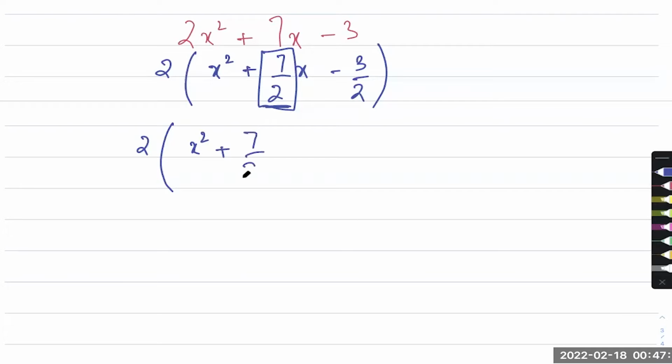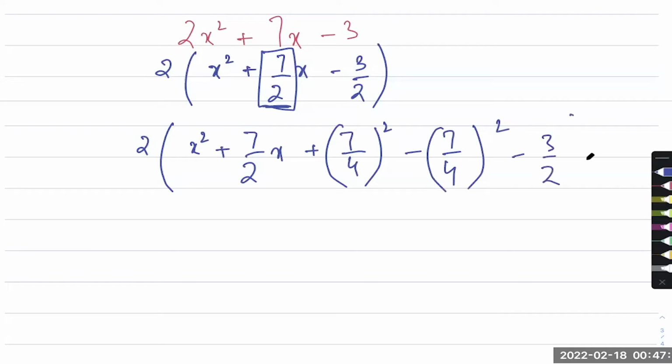Usually what we do is 7 over 2x plus half of 7 over 2, b over 2a squared, minus that squared, minus 3 by 2. But here's the shortcut you can use in SAT. Just divide this number by 2, so that becomes 7 over 4. And there you go. You get it?